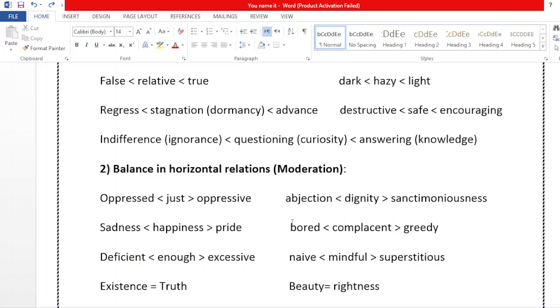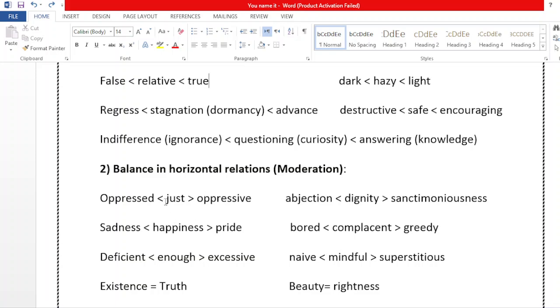One common fallacy in philosophy that many scientists and even intellectuals repeat is mistaking vertical balance for horizontal one. So in vertical balance, the highest position was better than the middle ground, and the middle ground was better than the negative position or the lowest position.